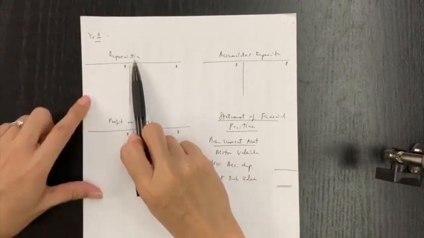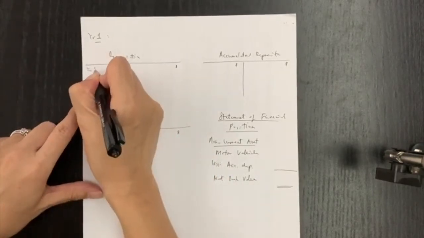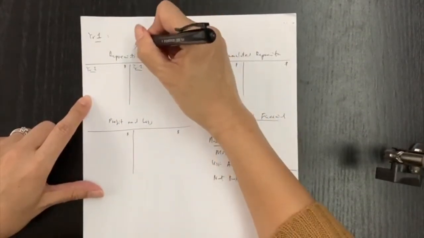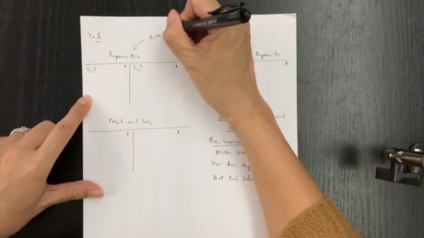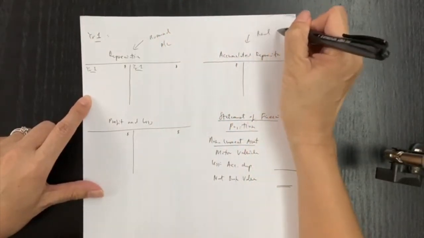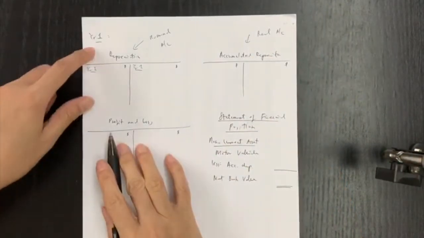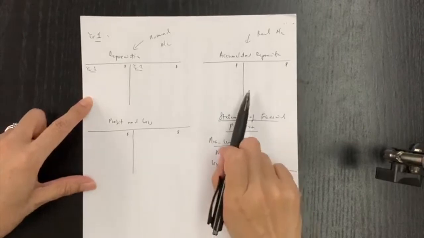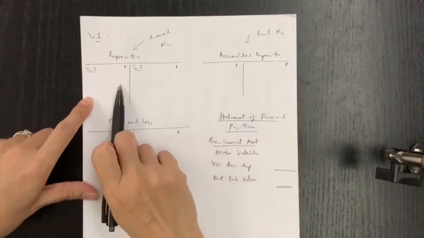After the double entry, let's look at the posting, or the T accounts, in year 1, so that we have the depreciation account. Remember, this is a nominal account, and this is a real account, same as before. Since this is year 1, we don't have any opening balance to begin with. So the double entry will be debit depreciation.